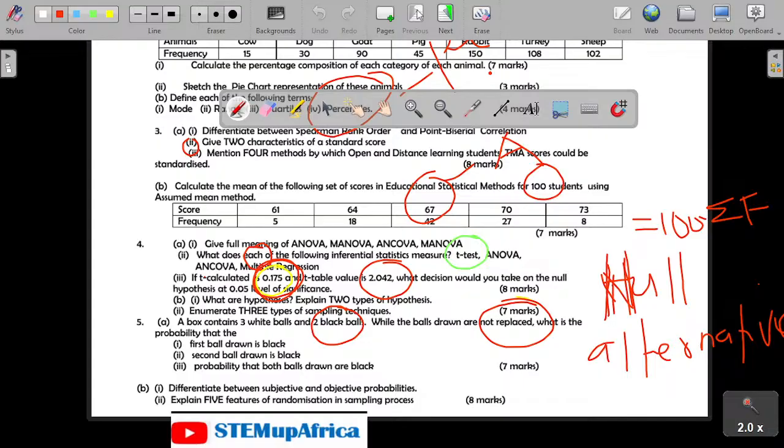Any solution to subjective and objective probability? Okay. So those are ways of solving probability, subjective and objective.